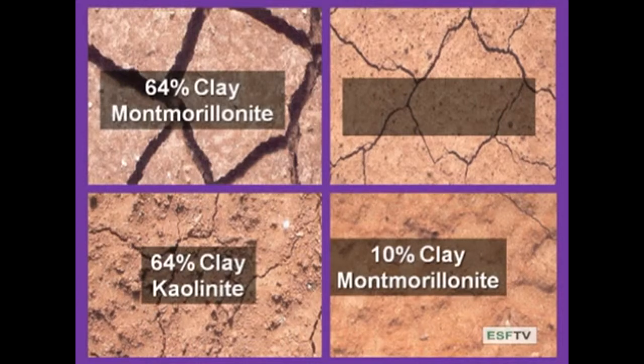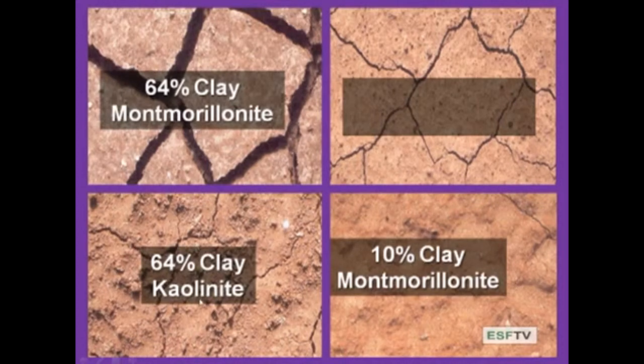What were the properties of kaolinite in terms of internal surface area and shrinking and swelling? If you look back on that chart, the CEC was low, the degree of swelling was very low, and it had no internal surface area. So even though here we have 64% clay, the fact that it's a 1-to-1 clay, kaolinite, that doesn't expand and contract, means we don't get those tremendous cracks when it dries. A nice contrast between the montmorillonite above and the kaolinite below: same amount of clay, different type.